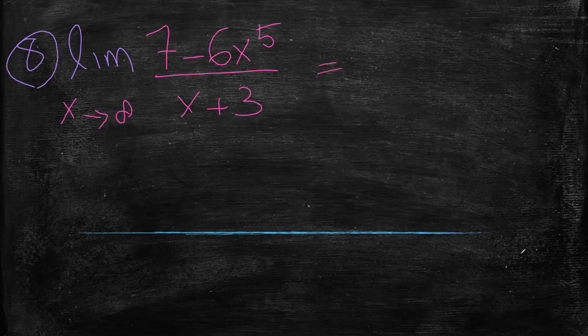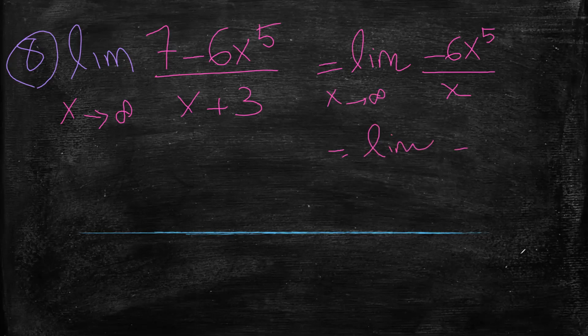Here now, we'll choose the highest power in the numerator. It is negative 6x to the power 5 over x. After you simplify it, it will be negative 6x to the power 4 when x approaches infinity. Then it will be negative infinity. Thank you, Hannah.